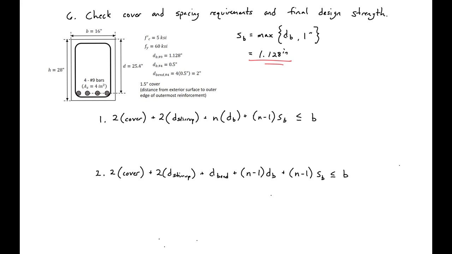So we'll plug our spacing and our bar diameter into our two ACI design checks. For our first, we'll have 2 times 1.5 inches for our cover, plus 2 times 0.5 inches, the diameter of our stirrup, plus 4 bars at 1.128 inches, and then 3 spaces between the bars, also at 1.128 inches.